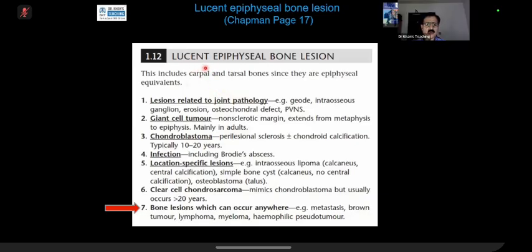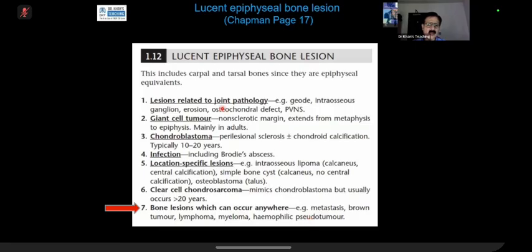Now, there's a differential in your book, lucent epiphyseal bone lesion. This list is extremely important. Bone lesions which can occur anywhere: metastasis, brown tumors of hyperparathyroidism, lymphoma, myeloma, hemophilic pseudotumor. It can occur anywhere.